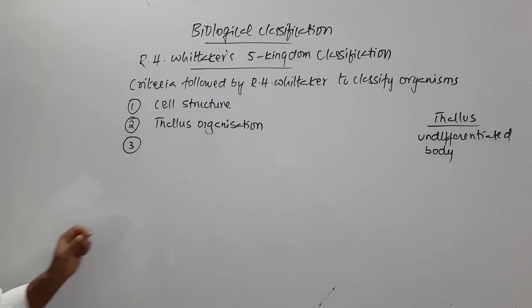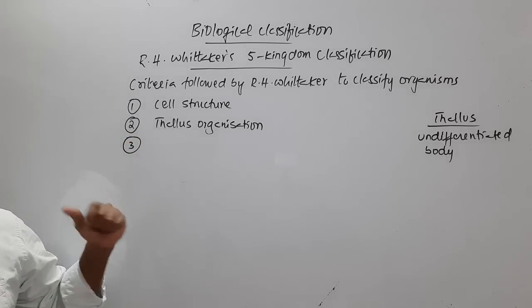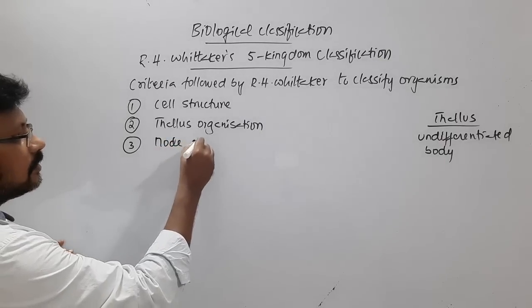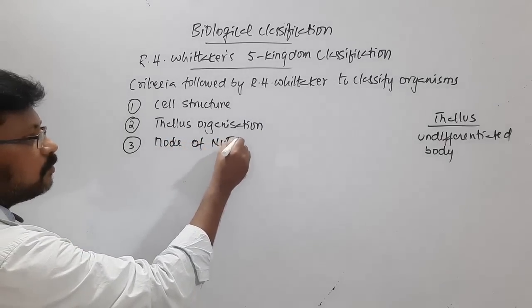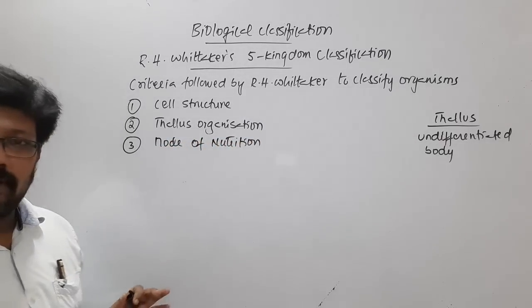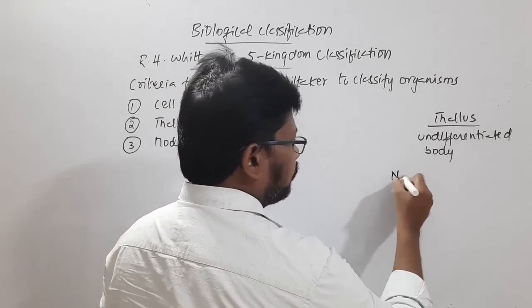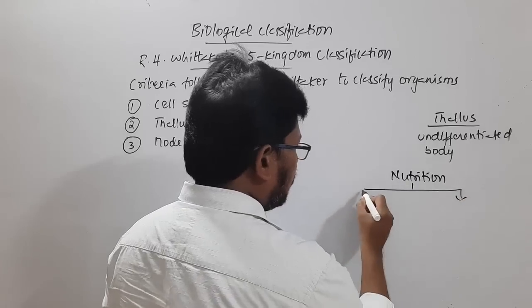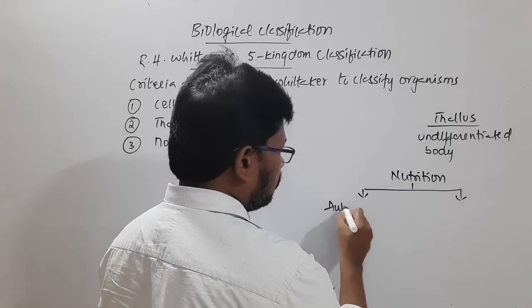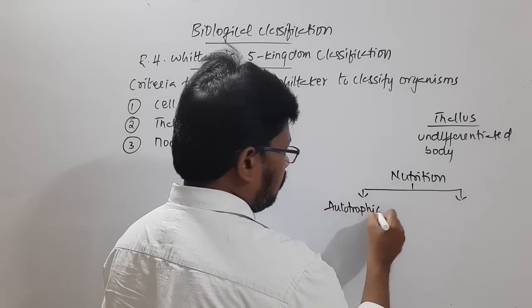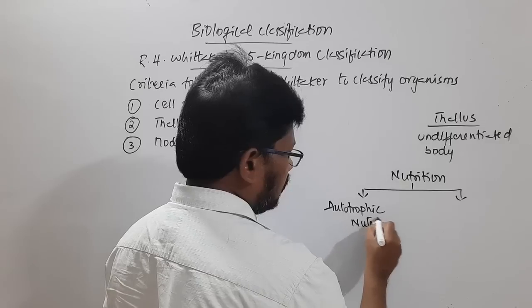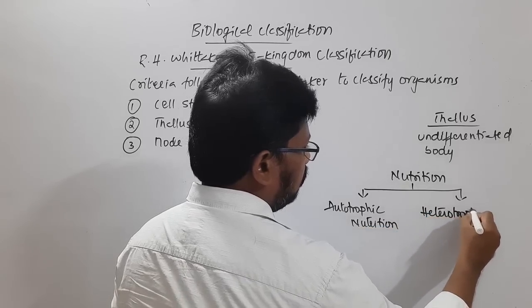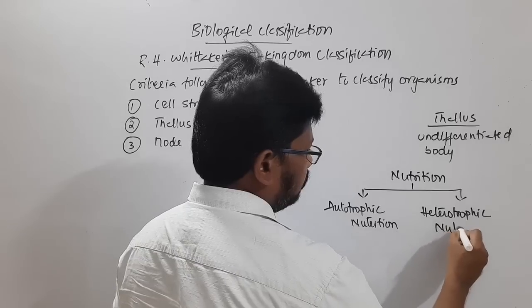Right. Then the third one is mode of nutrition. He also considered the mode of nutrition. Nutrition is how they obtain food. That may be autotrophic nutrition and then heterotrophic nutrition.